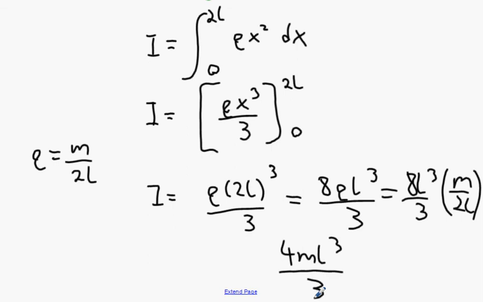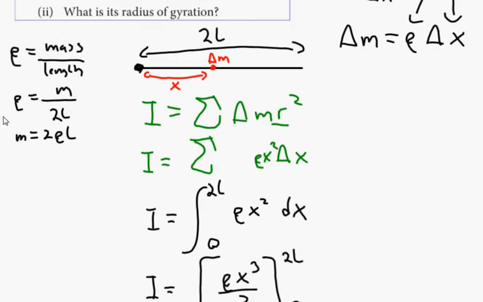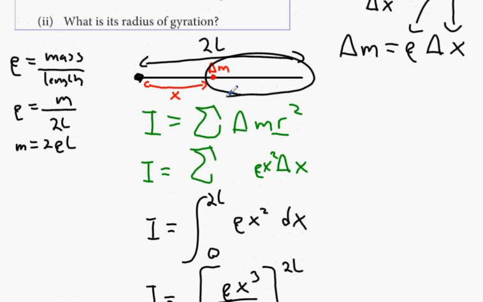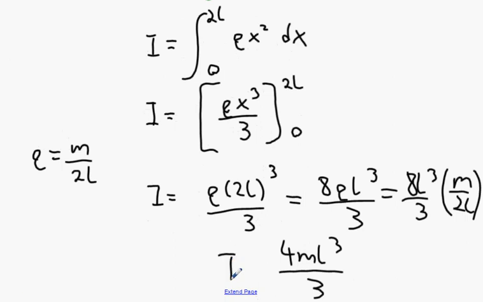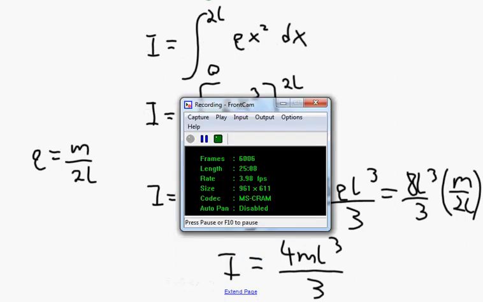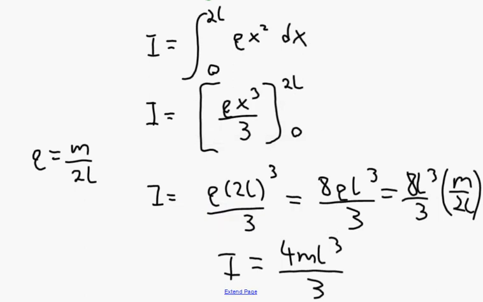That it was harder to rotate it about its end than about its center? Because a good bit of the rod is much further away than if you rotate it from its center. So it was always going to have a bigger inertia because it's always going to be harder to turn. One other thing, guys: this L here cancels with that L there, so it's actually 4 ml squared over 3. Well done.